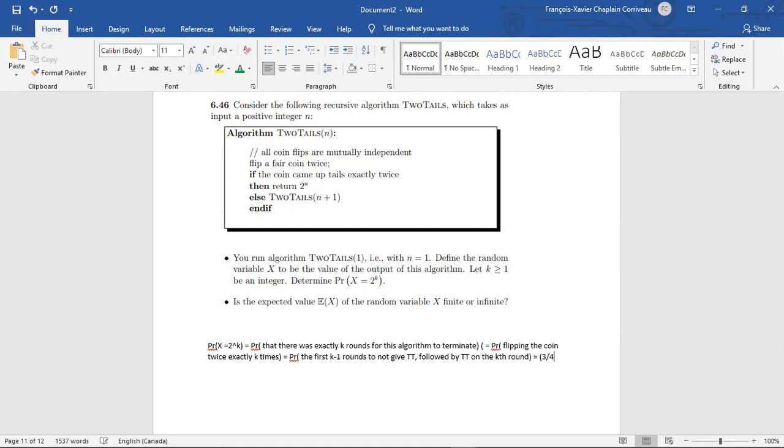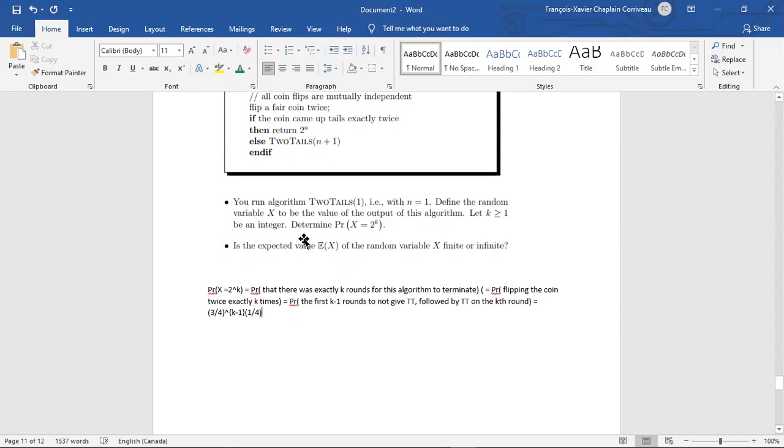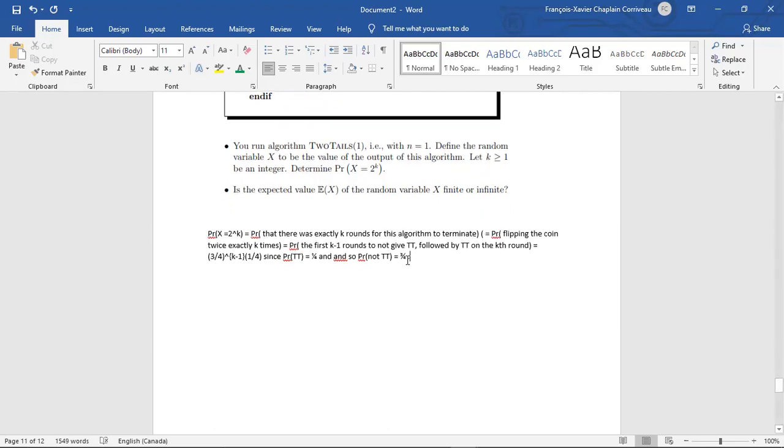This is (3/4)^(k-1) times 1/4. And why is this true? You can say since the probability of tails is equal to 1/4, the probability of not tails is equal to 3/4. So that would be plenty to say.